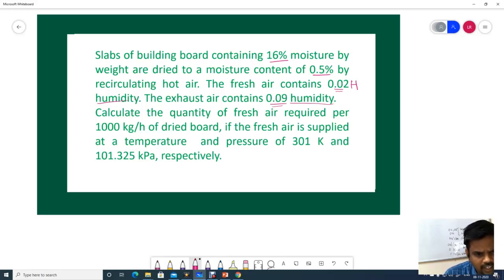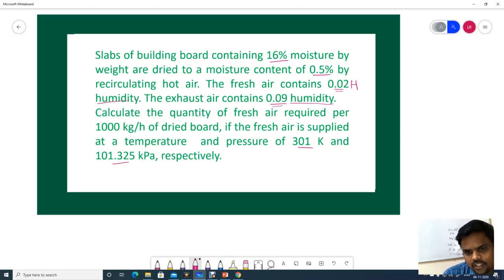Calculate the quantity of fresh air required per 1000 kg per hour of dried board if the fresh air is supplied at a temperature and pressure of 301 Kelvin and 101.325 kilopascal respectively. I repeat: slabs of building board containing 16% moisture by weight are dried to a moisture content of 0.5% by weight by recirculating hot air.